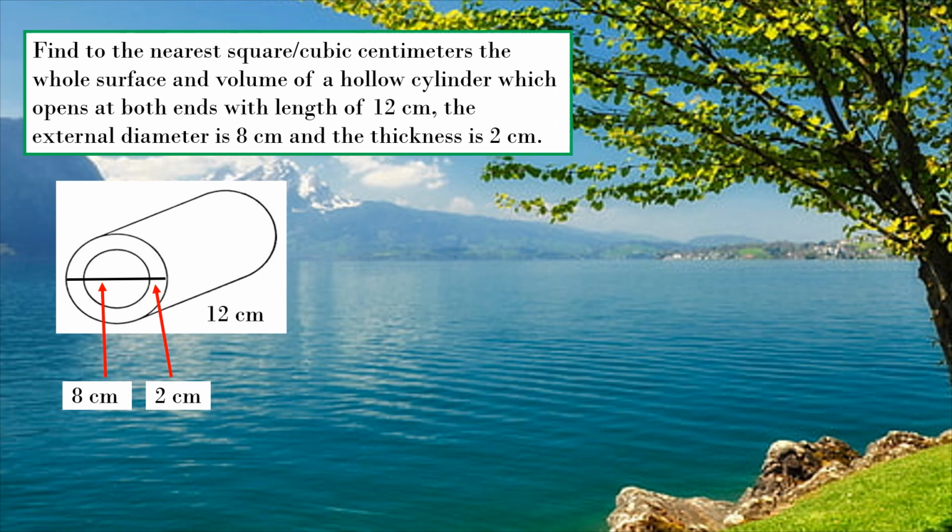So there, volume is equal to this one. Pi r squared of this big circle minus the area of this small circle, and then times height, okay?